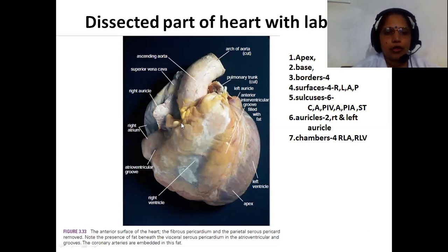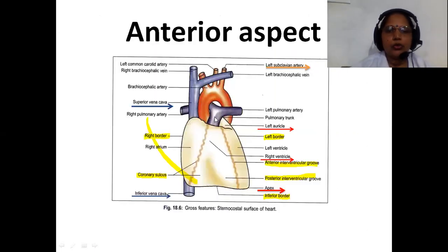This is called the atrioventricular groove or atrioventricular sulcus. Atrium और ventricle के बीच में जो groove है, it is called the atrioventricular groove, and on the anterior side it is the anterior atrioventricular groove.